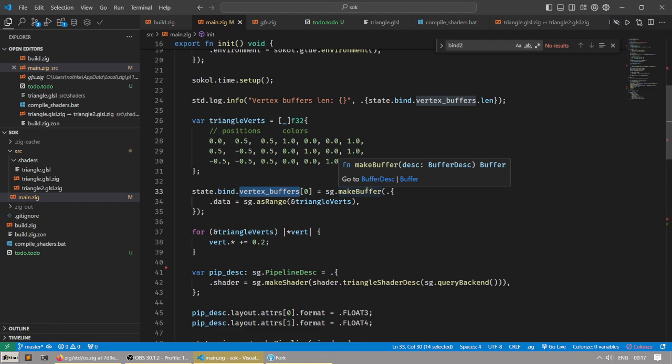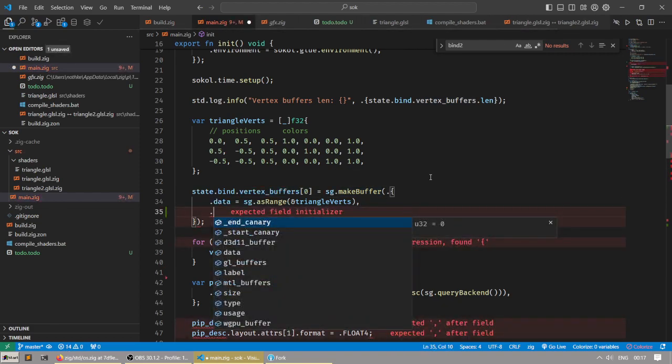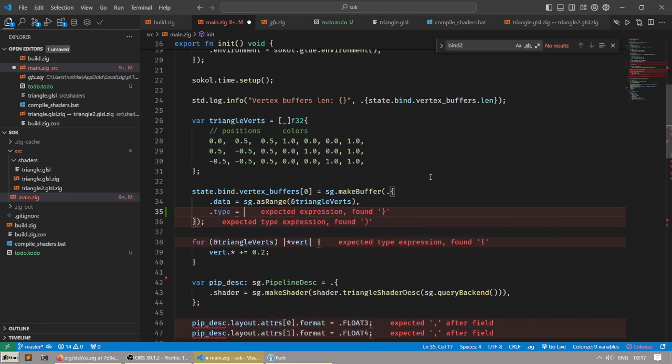There's just the one function, and it takes data. What are the other things? Label, MTL buffers, type, usage, buffer type. There's also some types. Index buffer. Oh, here we go.